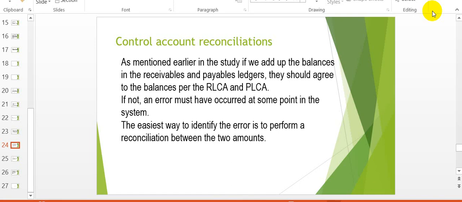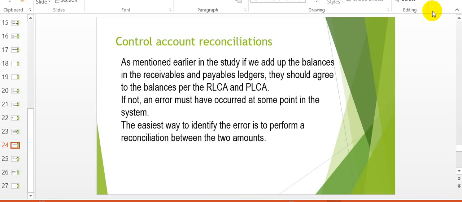So we need to correct or try and identify this error. The easiest way to identify the error is to perform a reconciliation between the two accounts.